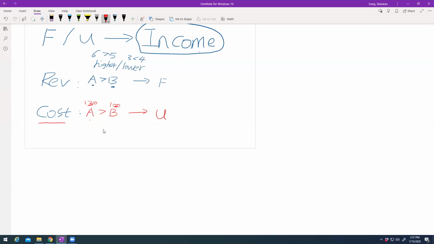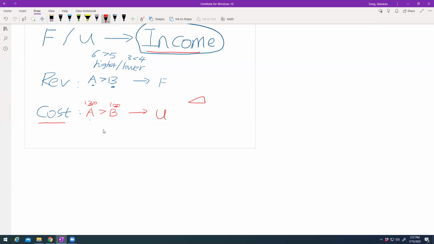When we talk about favorable or unfavorable, you cannot just memorize that a larger number means better. It's not correct. We talk about the income, so we focus on the income. Larger revenue means favorable, but larger cost means unfavorable. I want you to understand the logic because we focus on the perspective of income.